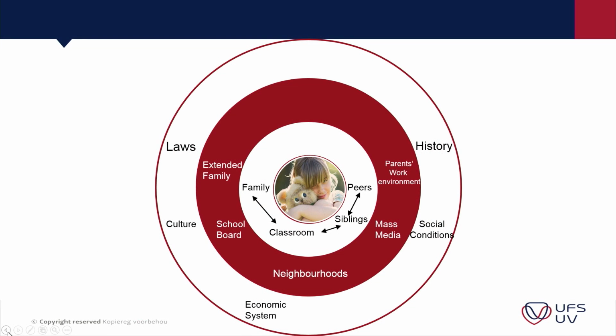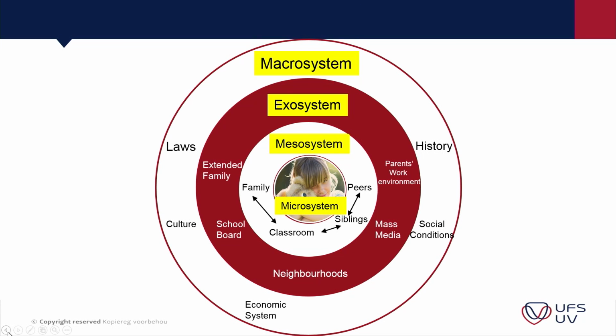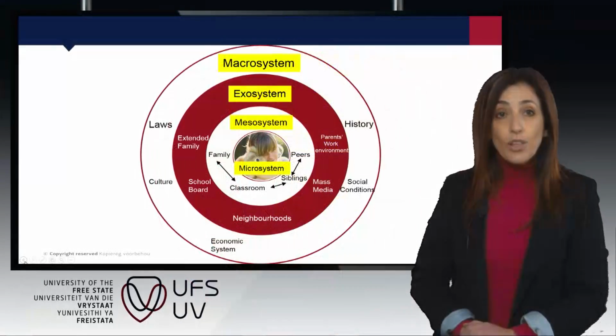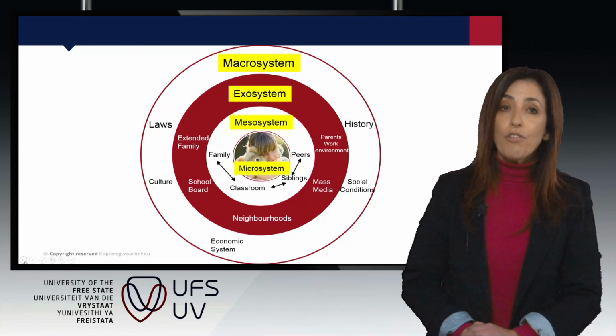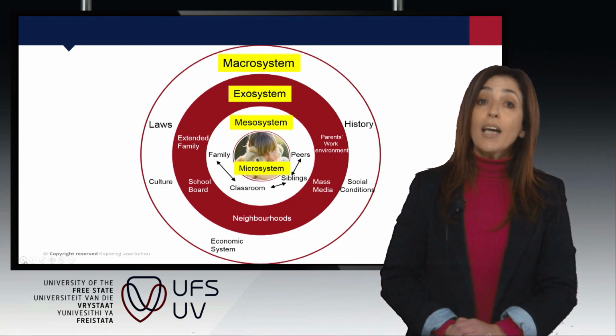Bronfenbrenner's ecological model is divided into systems: microsystem, mesosystem, exosystem, and macrosystem. Changes in any system can have an influence on the child's development. Now let's take a closer look at these different systems to see how factors from each system can influence a child's development.